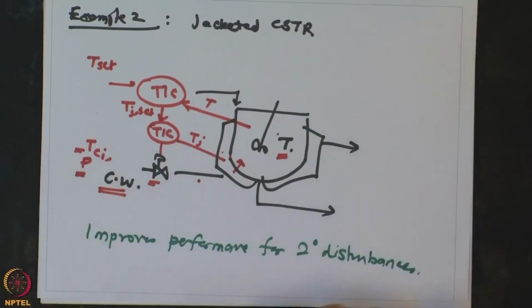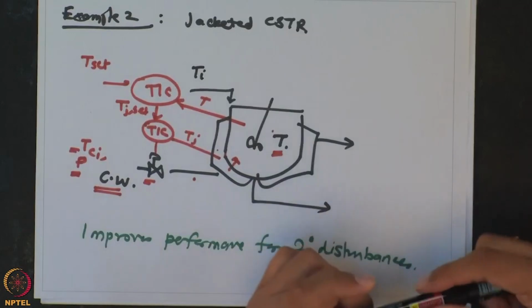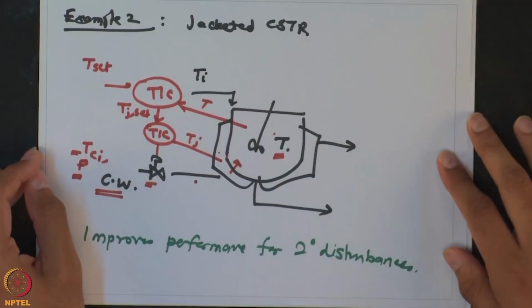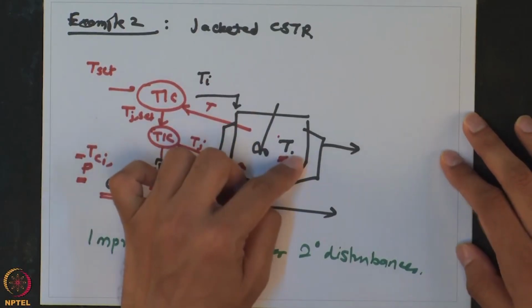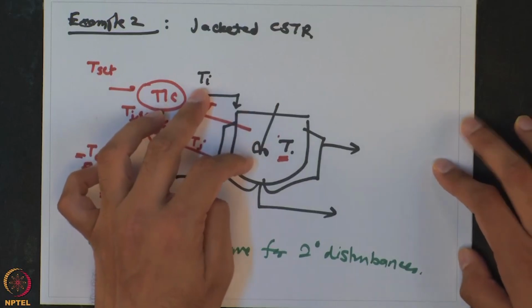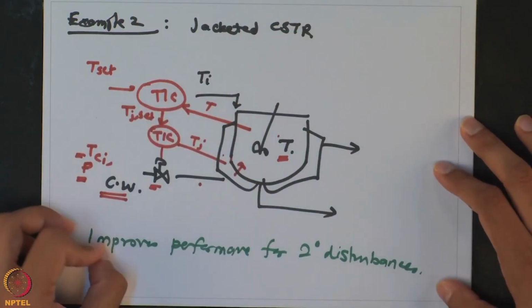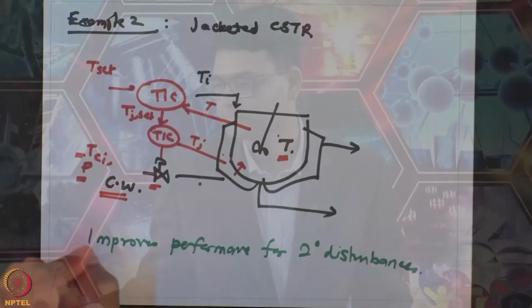Now, if there was a disturbance in the inlet temperature, there is no additional benefit which you are going to get because of a cascade control strategy. It will have its own transfer function to affect the temperature, and the performance will be similar whether you use a cascade control strategy or not. So, keep that in mind, that cascade control strategy is going to improve the performance only for secondary disturbances.